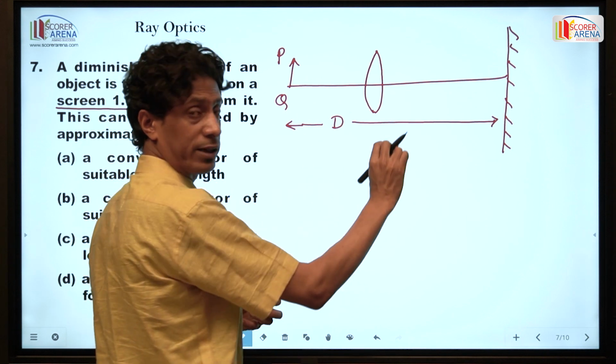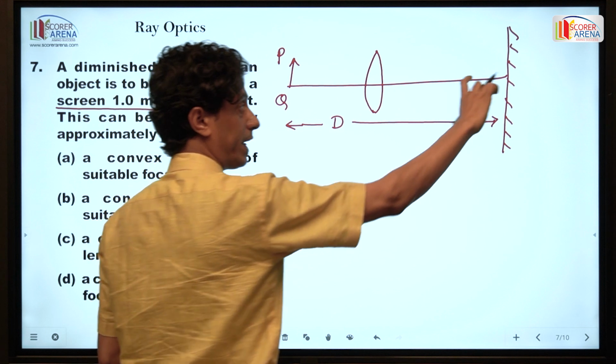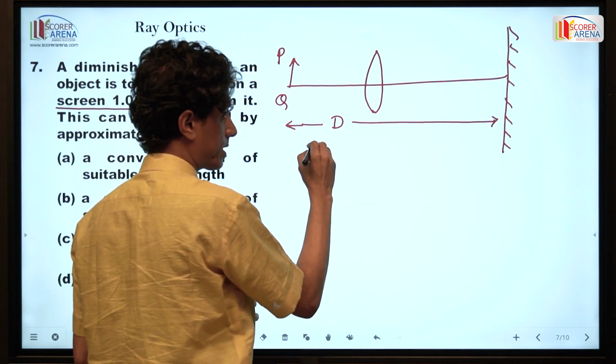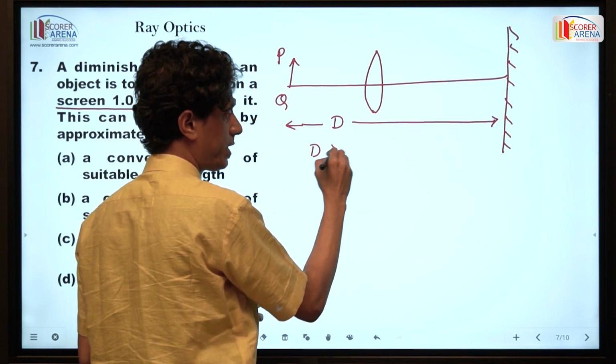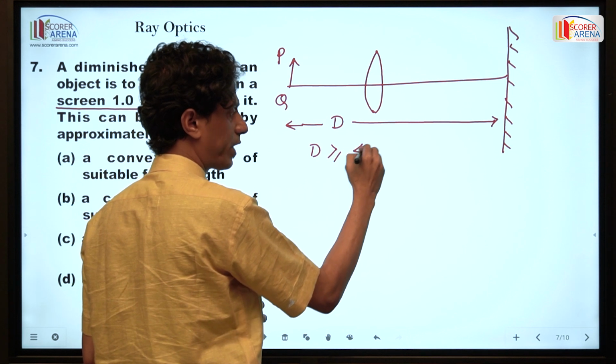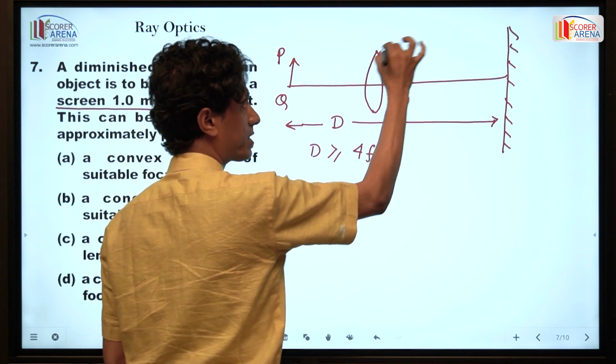If we want to get the real image on the screen, so this distance should be greater than or equal to 4f, where f is the focal length.